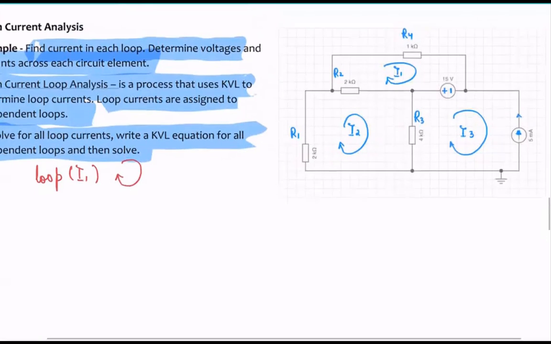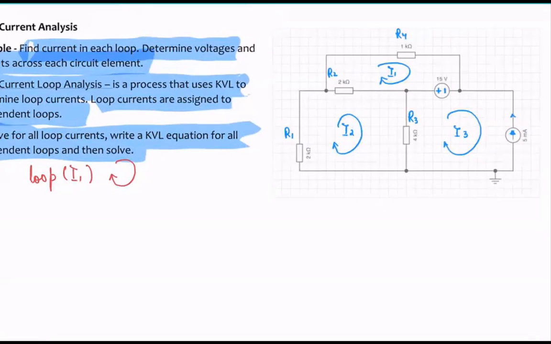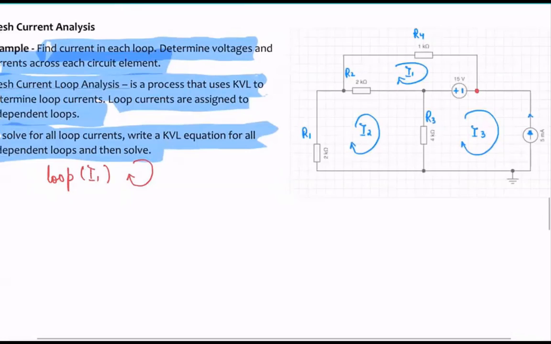So if I start off from here, okay, so I get 15 negative to positive, right? Negative to positive. So that's going to be a climbing up. So this will be positive number 15. Okay. Now this goes through a resistor. So you will have plus here, plus here, minus here, correct?